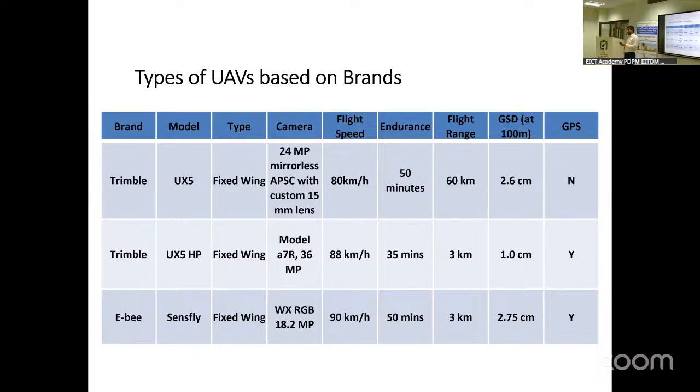Ma'am, when you are dealing with UAVs and hardware, there is a possibility of a crash, and if you go with a company's product, the cost is very high. If you are dealing with a multispectral camera, the camera costs 7 to 8 lakh.